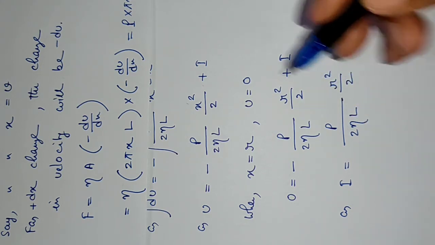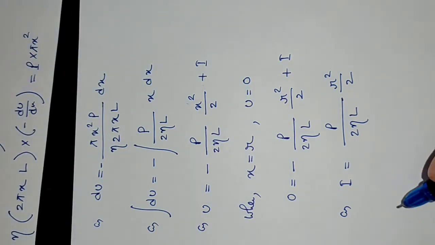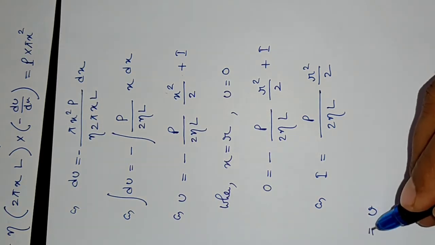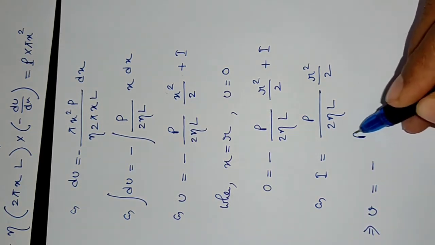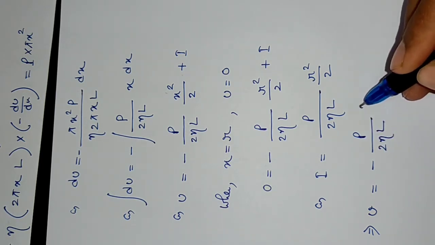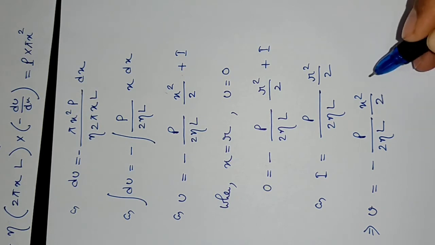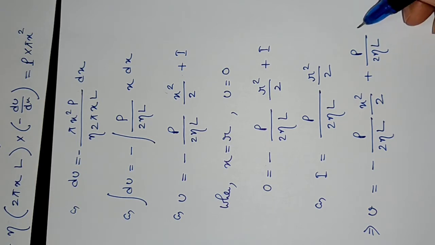Now we put this value in the integrated equation so that it gives us velocity to be minus P upon 2 eta L, x square by 2, it is positive, plus P upon 2 eta L, r square by 2.